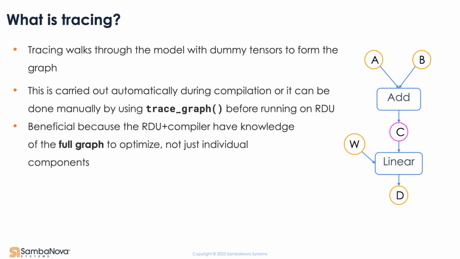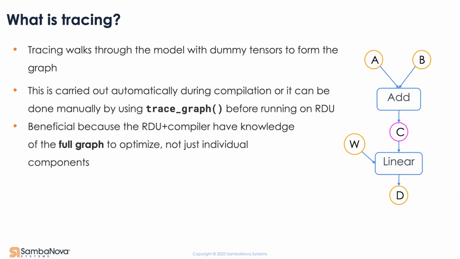As you saw previously, the RDU consists of PCUs, PMUs, switches, and various other pieces like address generators. And since we are mapping your actual model onto that chip, we need to know specifically how the data is manipulated and how the tensors change, so that we use only what's necessary on the RDU.